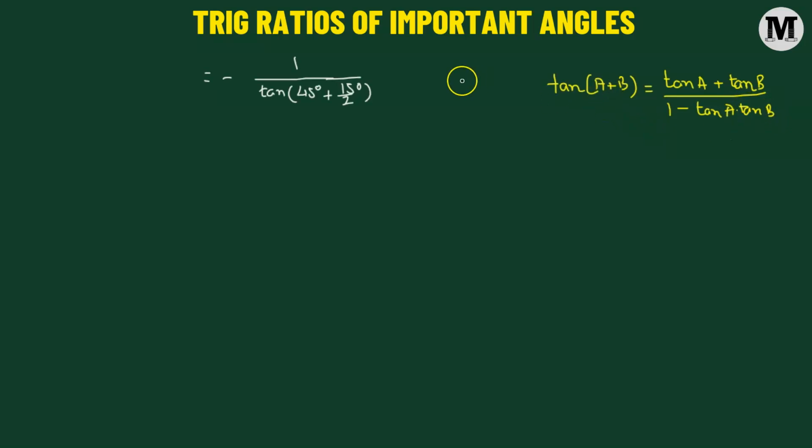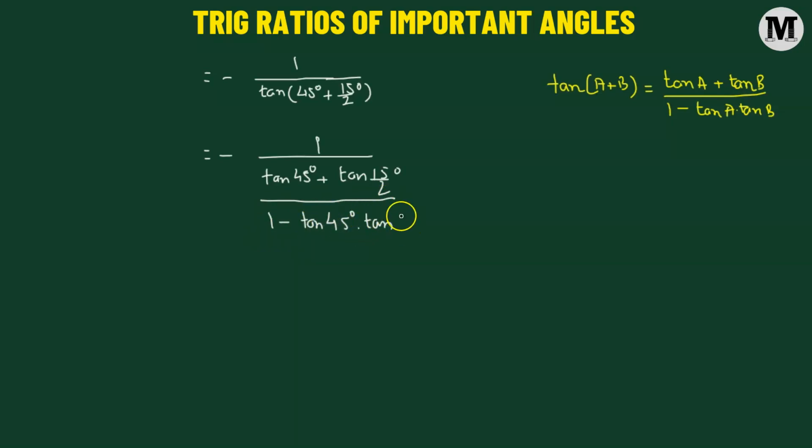In our case, A will be 45 degrees and B will be 15 over 2, such that we get negative of 1 over tangent of 45 degrees added to tangent of 15 over 2 degrees, whole divided by 1 minus tangent of 45 degrees times tangent of 15 over 2 degrees.